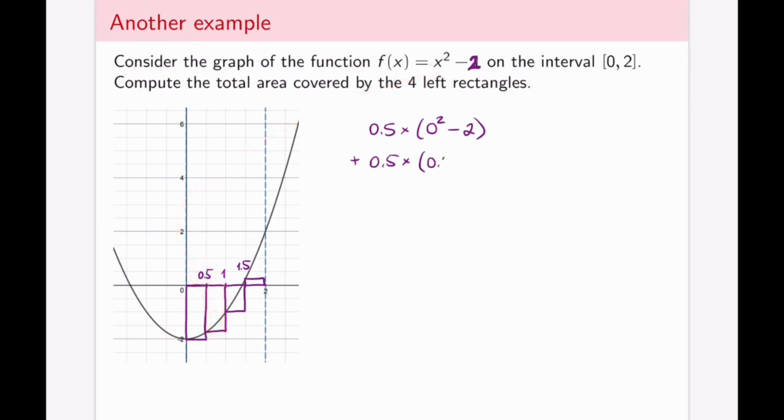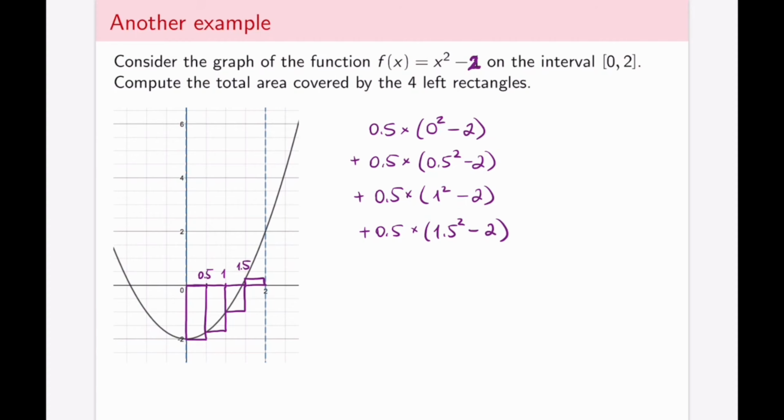I'm going to get 0.5 squared minus 2. The next rectangle has 1 as the left endpoint. I will plug it into here, 1 squared minus 2. And then the last one has 1.5 as the left endpoint. Plug it into here, will give me 1.5 squared minus 2.